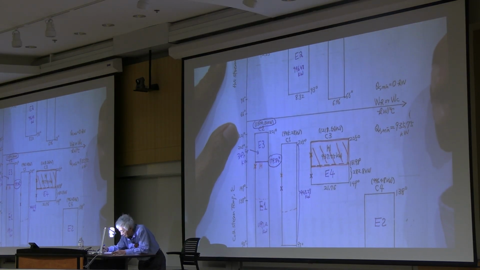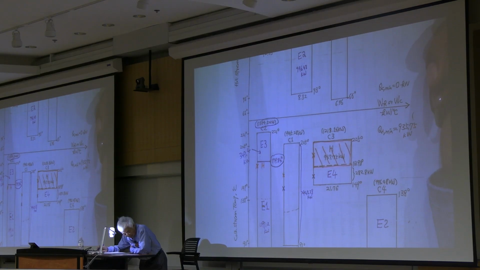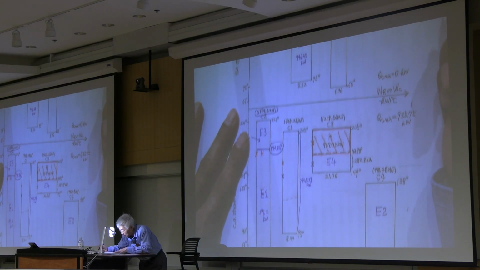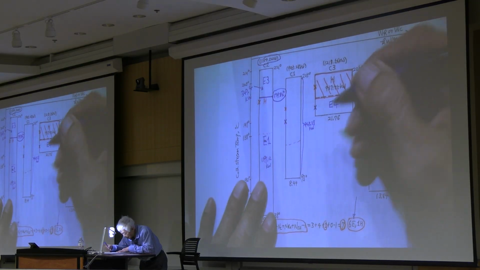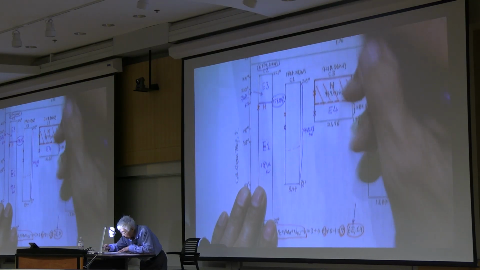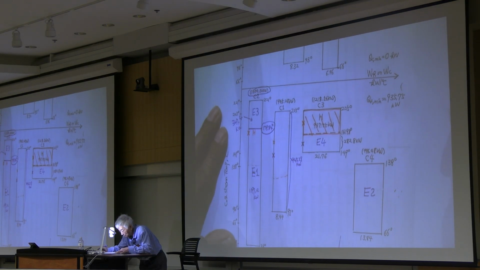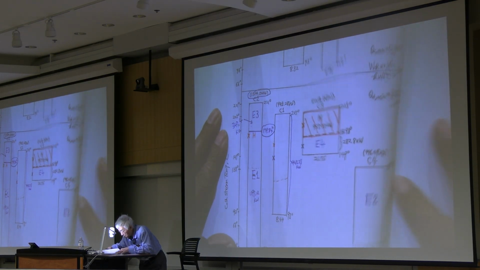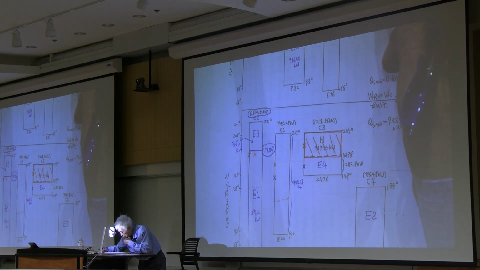Continue. Now, those two, right? There are different ways of doing that. So, this is one way of doing it, okay? So, I take care of this one. E4. I took care of E4.